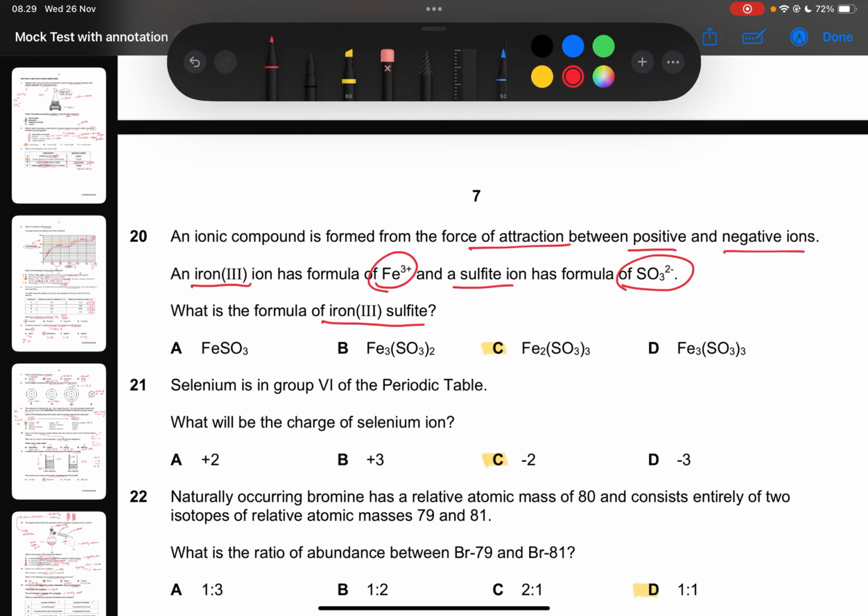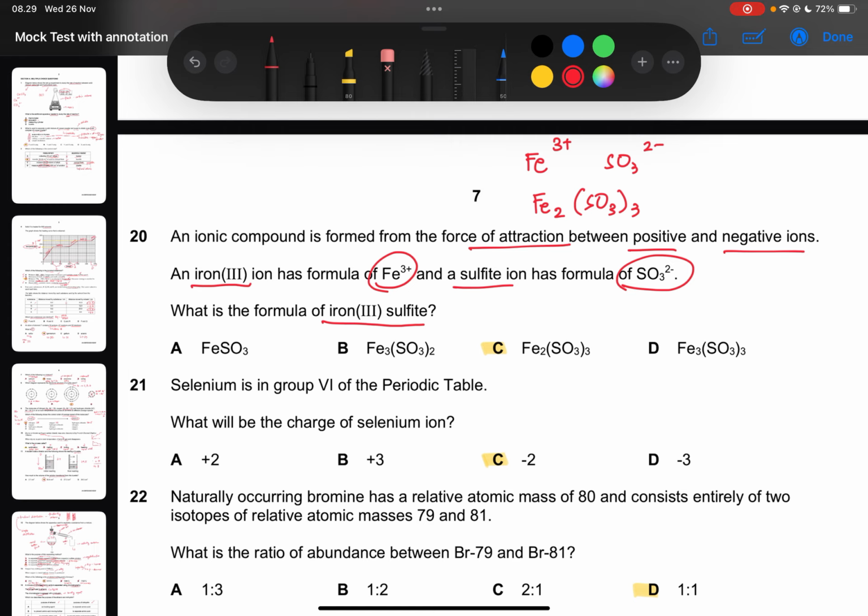So as the given shows, our iron 3 has a charge of 3 positive, and sulfite ion, which is SO3, has a charge of 2 negative. To form their compound or their formula, simply exchange the number or cross the number. So we will have Fe2(SO3)3.